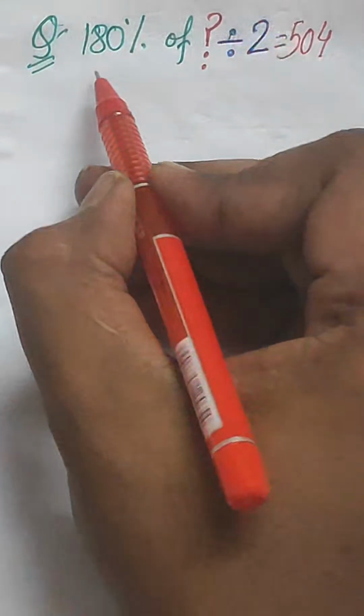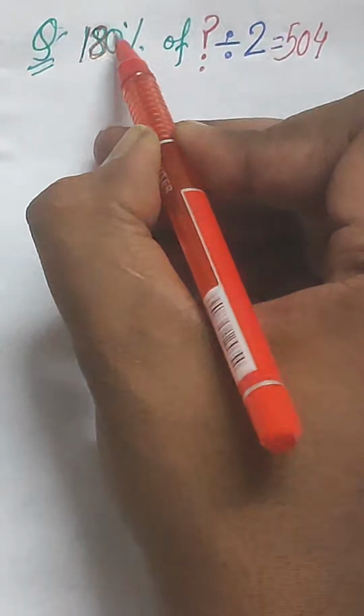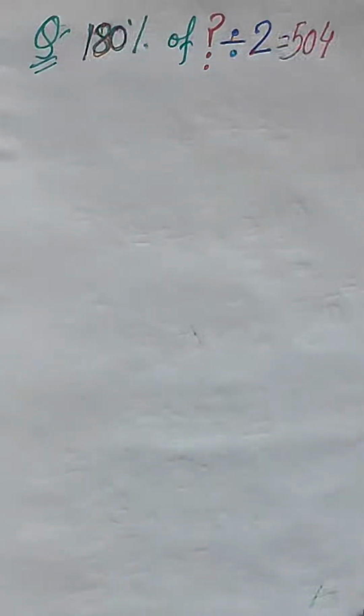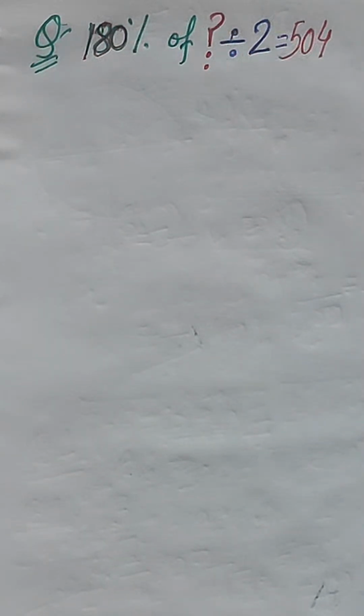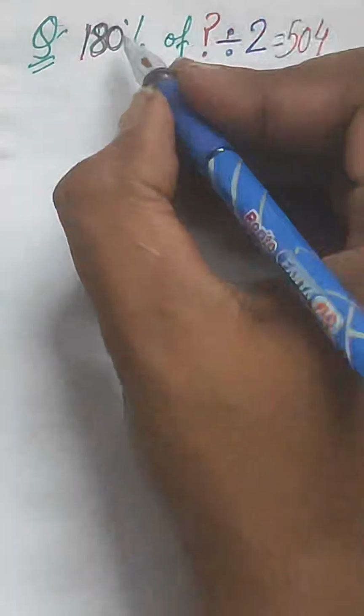Unless and until you have the concept of percentage, it's difficult to solve, but now you have this concept, so you can easily solve it. Let us see how. 180%, we have already explained what this percentage is.